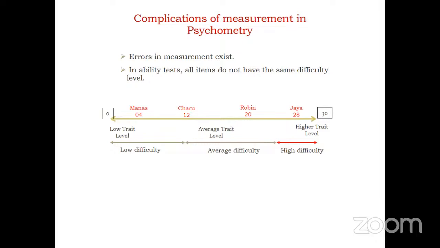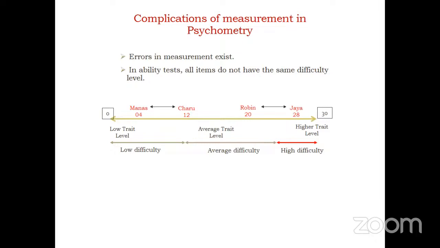But Jaya, getting a score of 28, means that Jaya was able to solve all the items of low difficulty level, average difficulty level, and most of the items in the high difficulty level as well. So as per the trait level, these 4 people are not the same, and we cannot really consider this linearity in measurement when we are trying to compare the trait level.